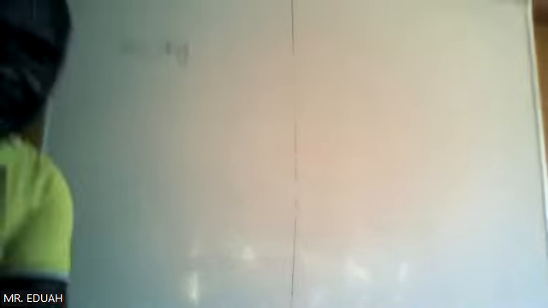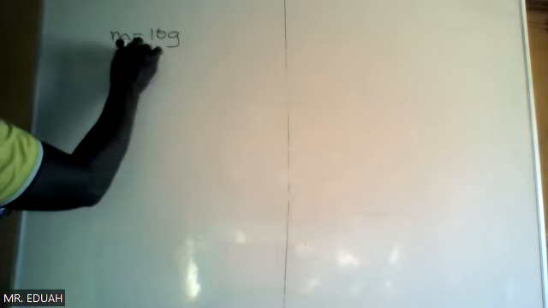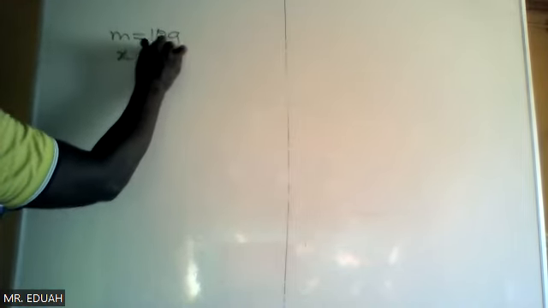So over here, let's extract our values. We are told that the mass of the bullet is 10 grams and it hits a target and penetrates 2 centimeters into it. So the distance traveled by the bullet is 2 centimeters.